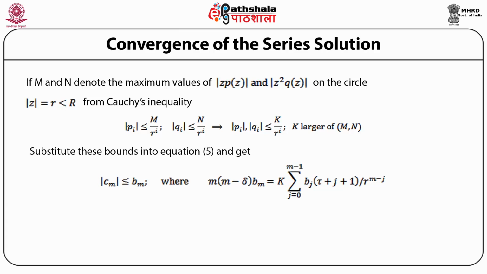Substituting these bounds into equation 5, we get modulus of Cm is less than or equal to Bm, where m times (m minus delta) times Bm is equal to capital K times summation j going from 0 to m minus 1 Bj times (gamma + j + 1) divided by r raised to power m minus j.